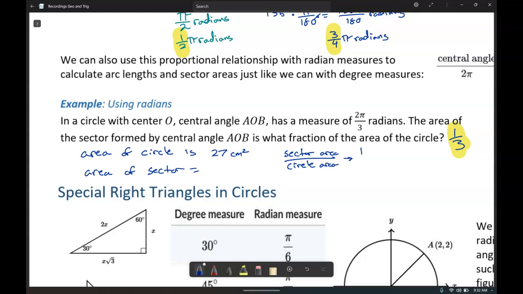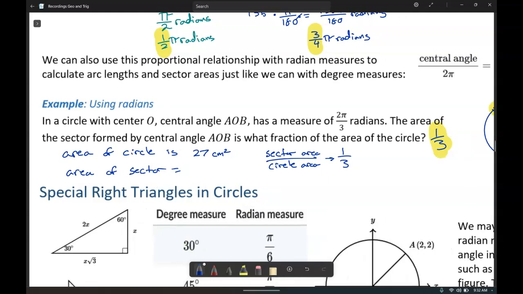It's a 1-to-3 relationship. And so we want to find the sector area, but we're given the area of the circle. And so again, by a proportional relationship, if we solve this, 27 equals 3x, x has to equal 9. We know the area of the sector is therefore 9 centimeters squared, which is 1/3 of 27.